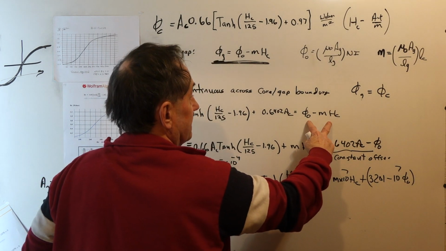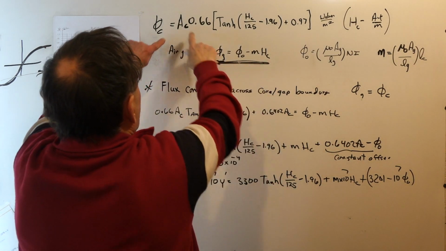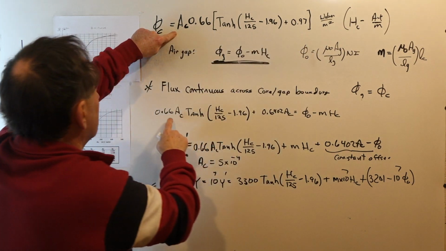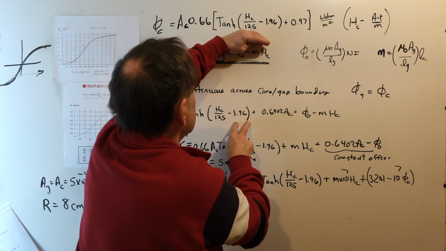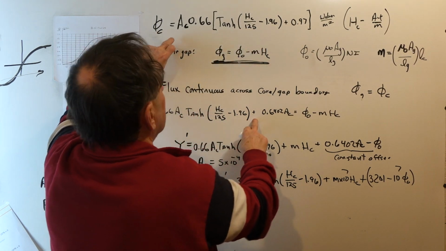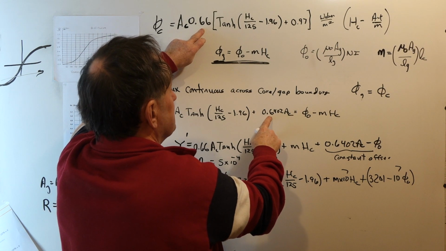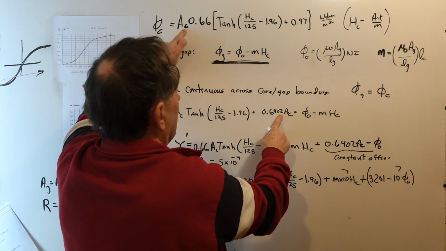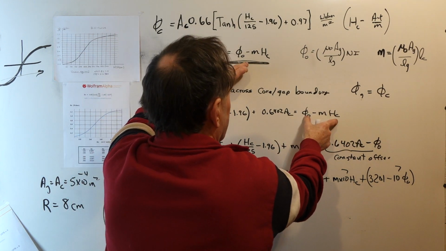Here's our flux in the gap, phi0 minus m Hc, and I've multiplied AC through here, so I've got 0.66 AC times the hyperbolic tangent of this, plus 0.97 times 0.66, which is 0.6402, times the area in the core, is equal to the flux in the gap.